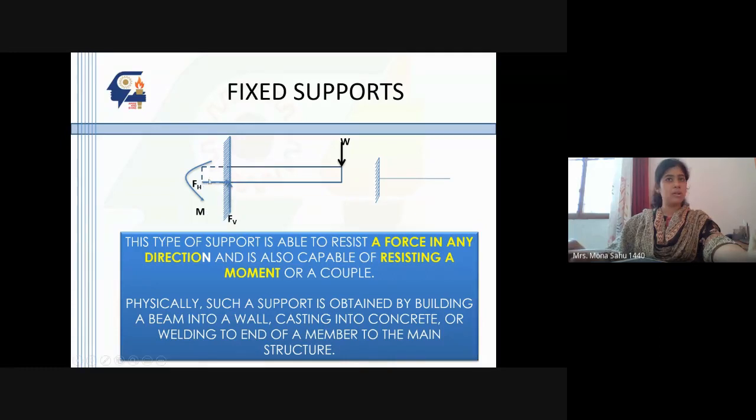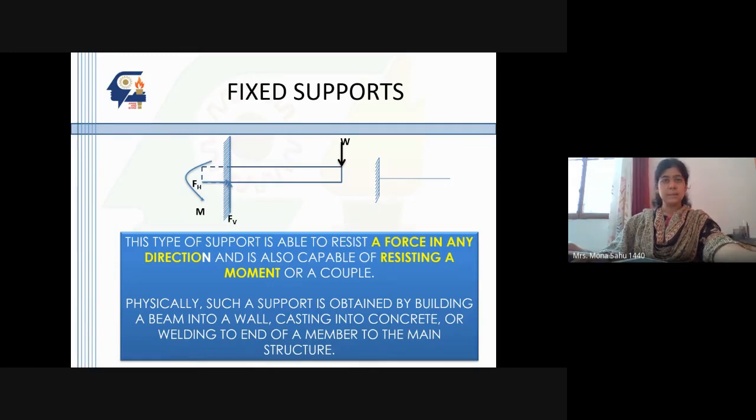All the forces in all directions are restricted. So you have a reaction force here, FV, and a reaction force FH, and also a moment or a couple. So for a fixed support, you will have reactions FV, FH, and a moment. So that's a fixed support.